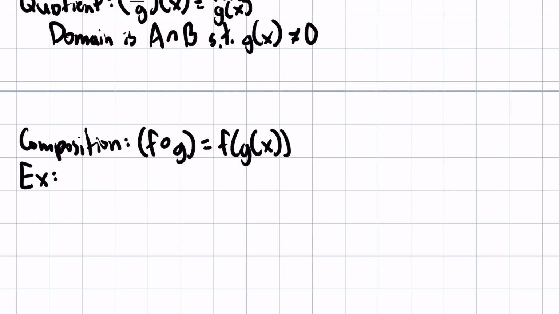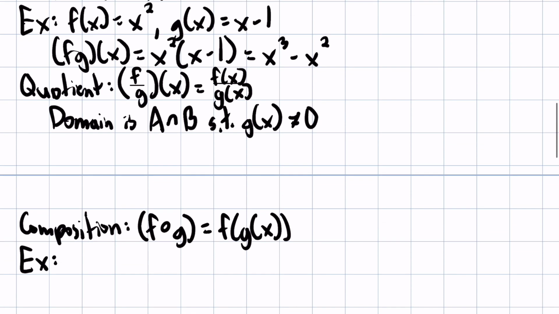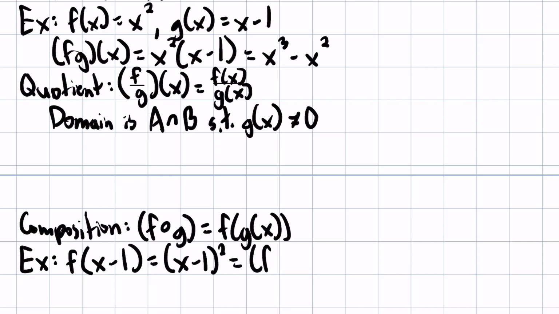Basically, if we use the same two functions as before, we take f of g of x, which is x minus 1. So then we just plug x minus 1 into x squared. And that is going to be f of g of x. Oh, sorry, this should say of x up here.